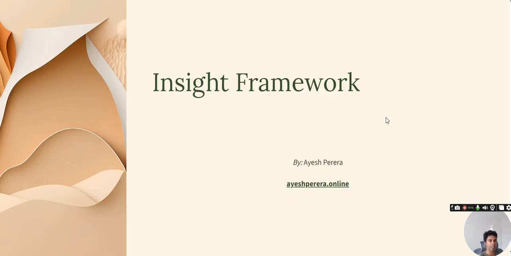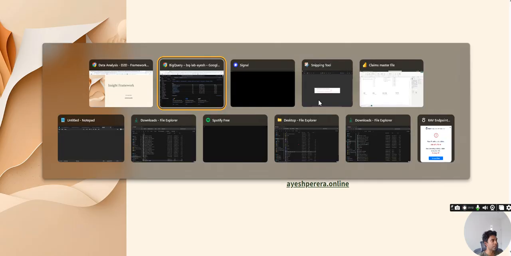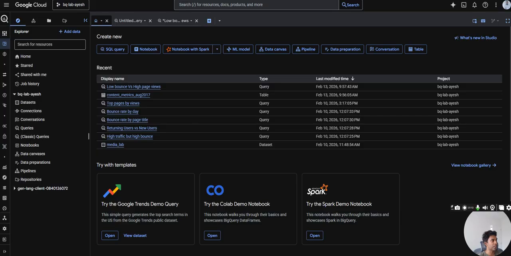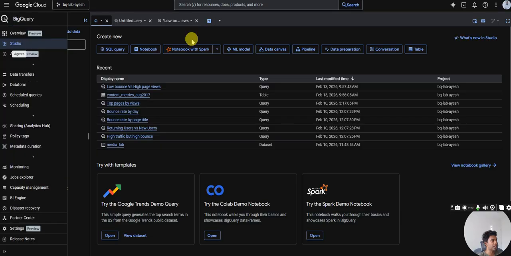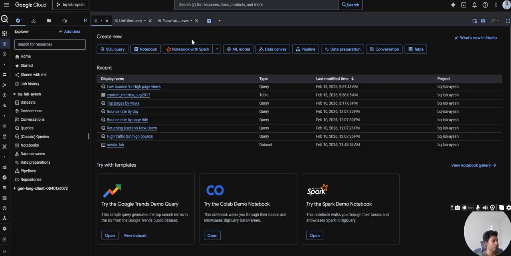So let's dive in. The first thing that we want to confirm is the insight framework that we are dealing with here. We went into Google BigQuery, got the data set, did some queries and loaded the data for further analysis.